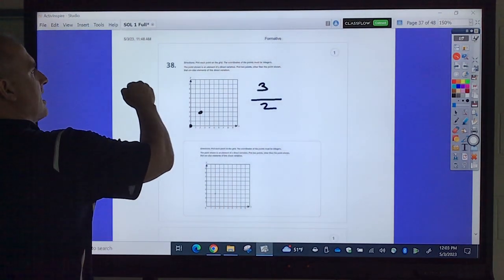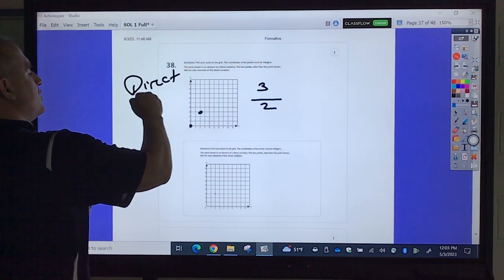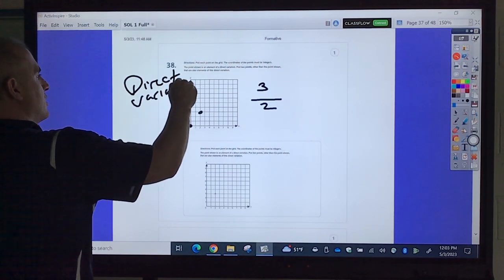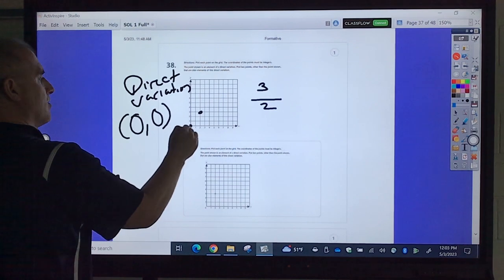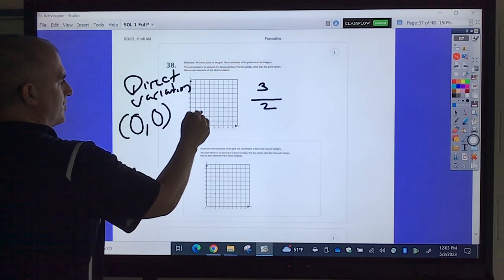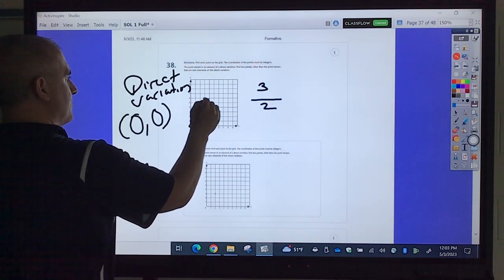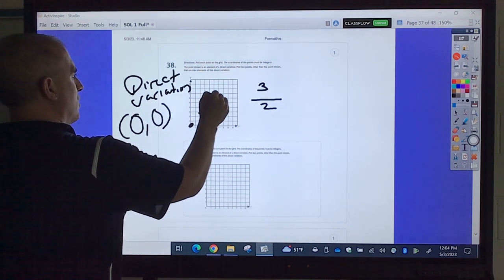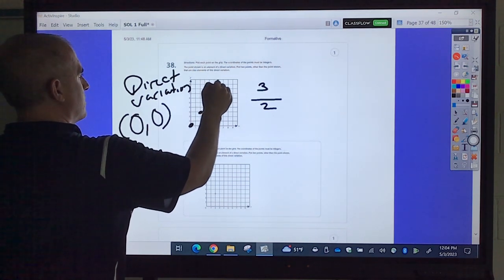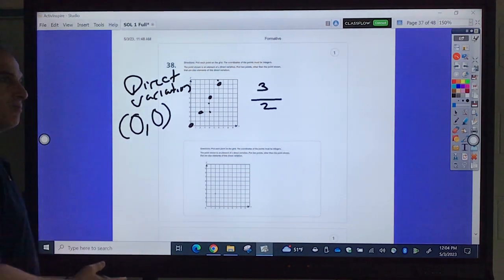With direct variation, what you can assume is that you have a point at 0, 0. So 2 over, 3 up. So watch, 2 over, 1, 2, 3 up. 2 over, 1, 2, 3 up. So those would be the other points there.